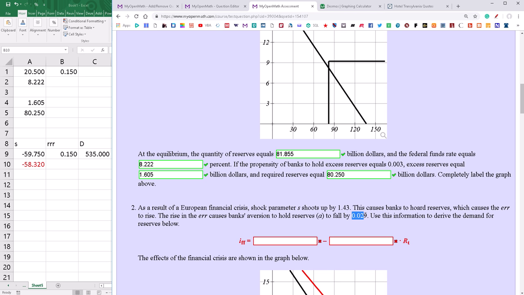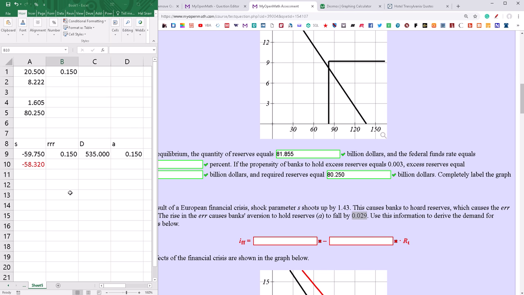And the slope A falls by 0.029. So the aversion to holding excess reserves declines by 0.029. Okay. Now we're holding these things constant here, so we'll just pull that down.